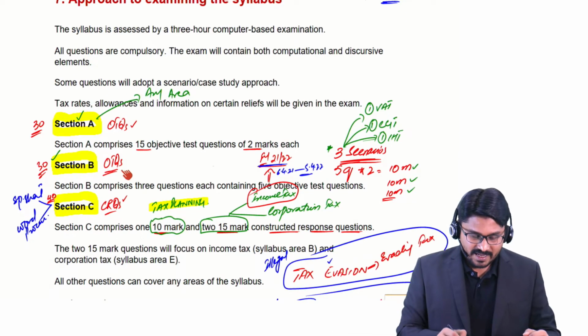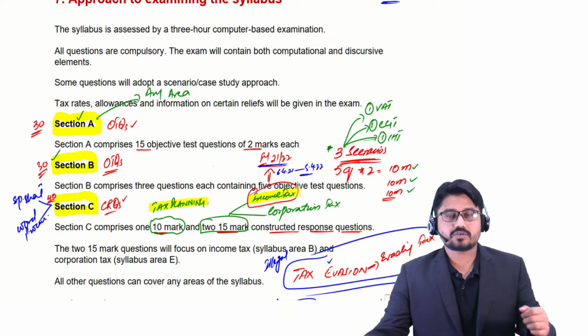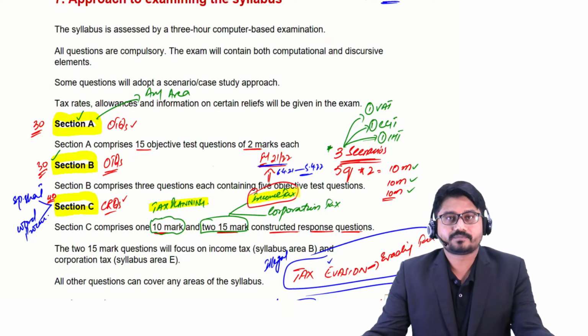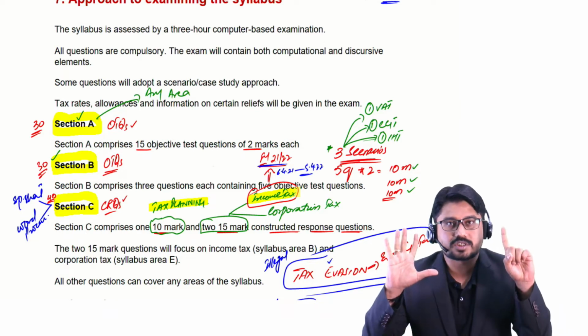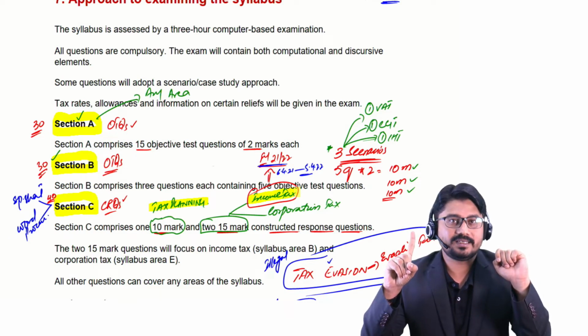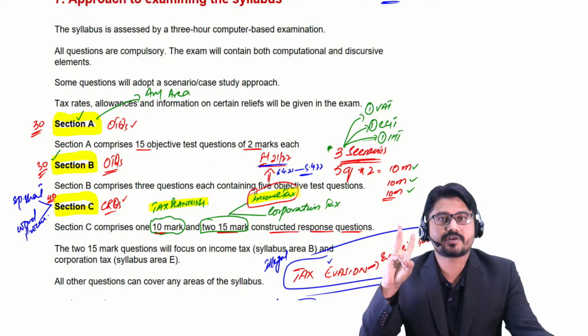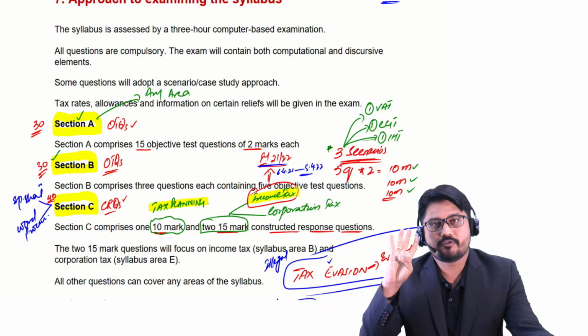For finding the income tax liability of any individual person, the first thing to know is the sources of income. Mainly, there are 6 sources of income for an individual person. What are those? Number 1, income from property, income from rent, meaning property income. Number 2, employment income. Number 3, trading or business income. Number 4, interest income.